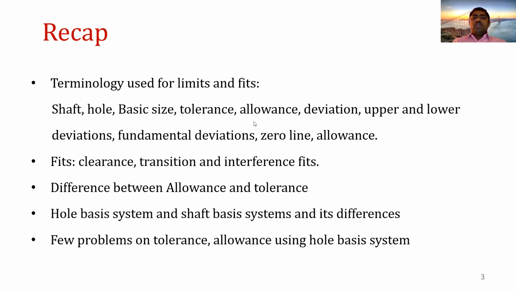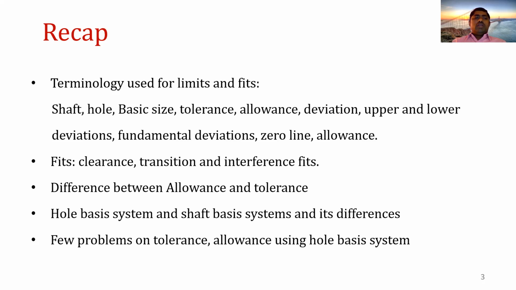And allowance is the intentional difference between the maximum metal limit of both shaft and the hole. And deviation is nothing but the difference between the size of the component and its basic size.